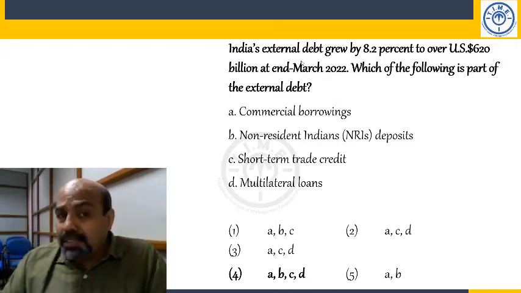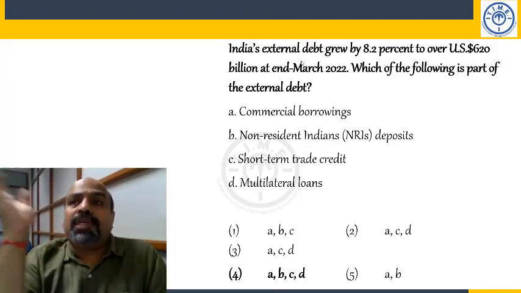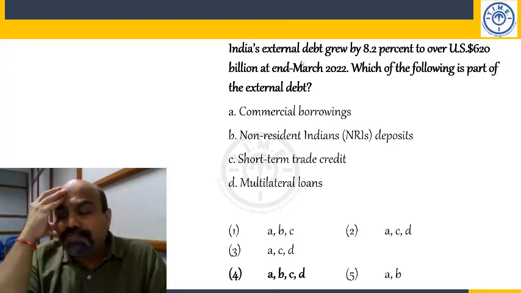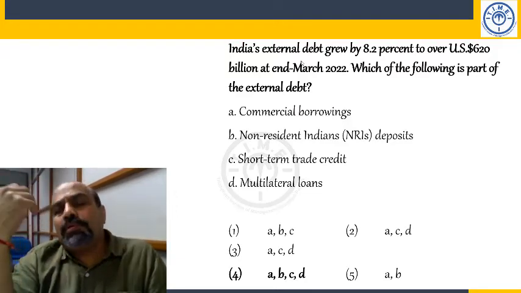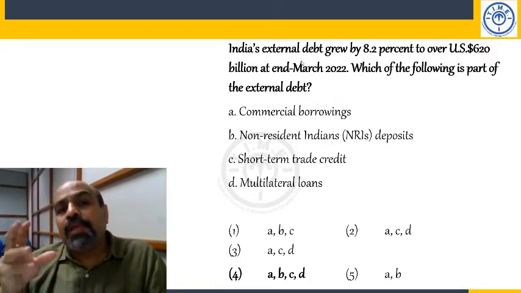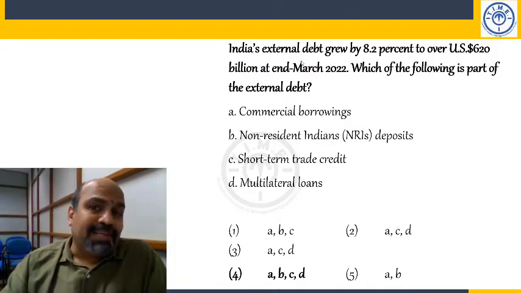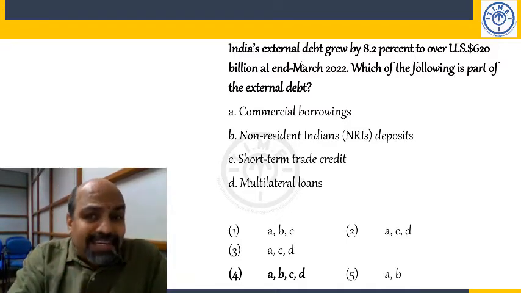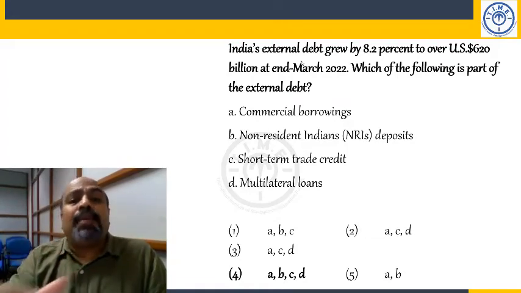So the money is sent home and deposited in a local bank, like State Bank of India NRI deposit, or HDFC Bank NRI deposit. There are names for these deposits. Your uncle earns more money here, but this money has to be returned. So this money is considered a borrowing, a liability. That's why this is included.